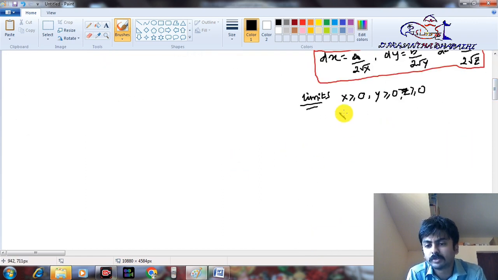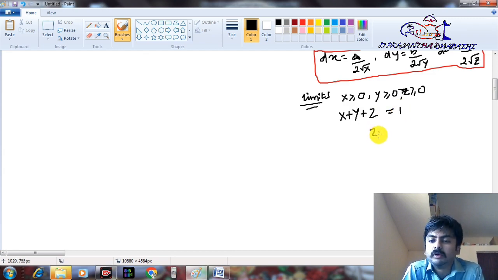Okay, for my easiness I am initially taking it as equal to. So Z equal to 1 minus X minus Y. So if it is less than or equal to, Z will be less than or equal to 1 minus X minus Y.